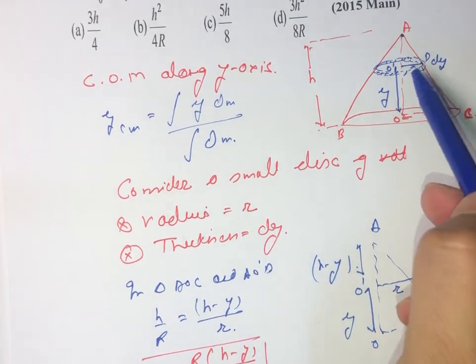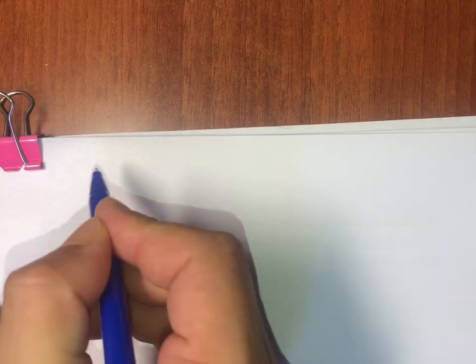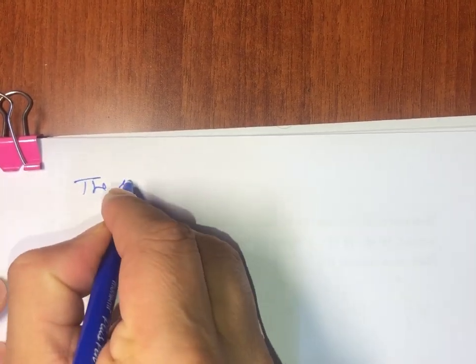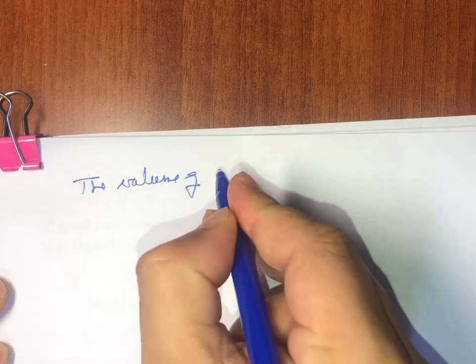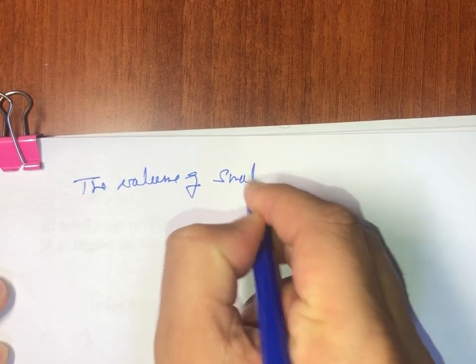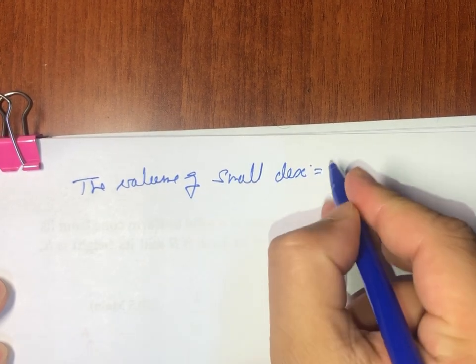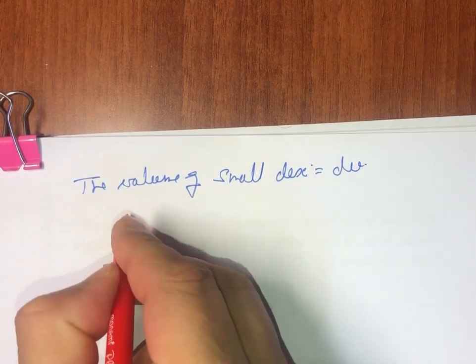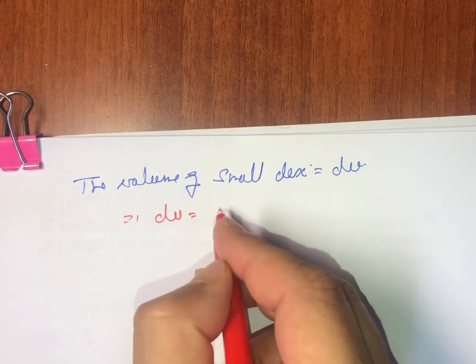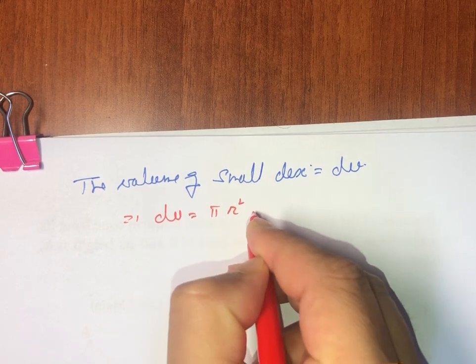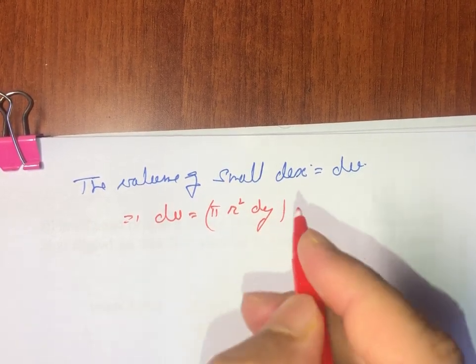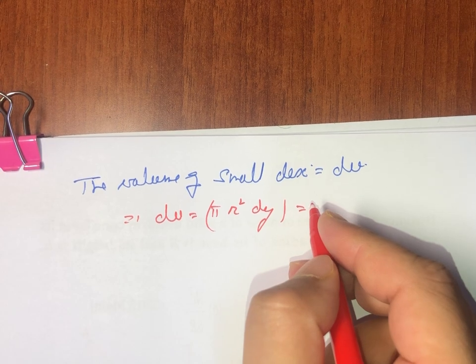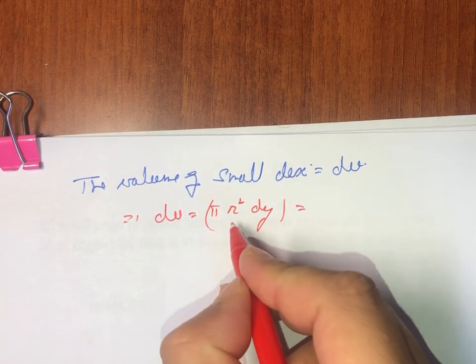Now we consider a small disk, and let us say the volume of this small disk is dV. Therefore dV will be equal to pi r square multiplied by dy, and we already know the value of r square.